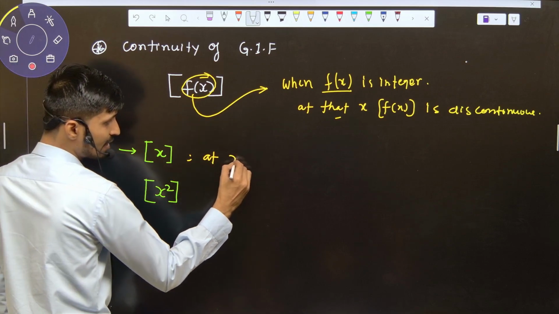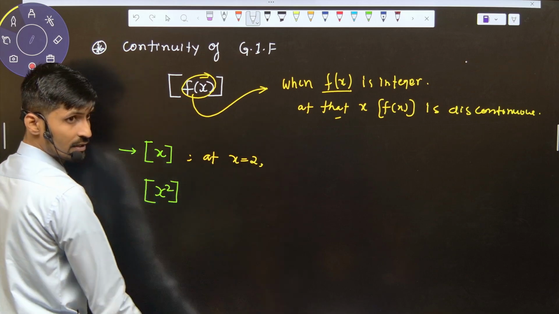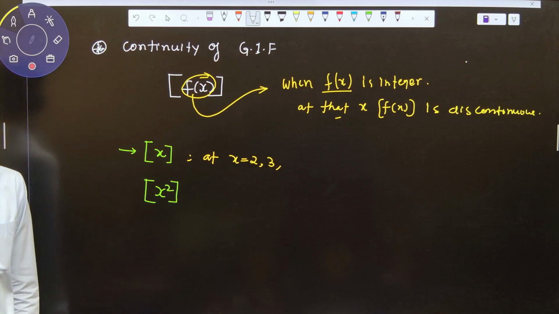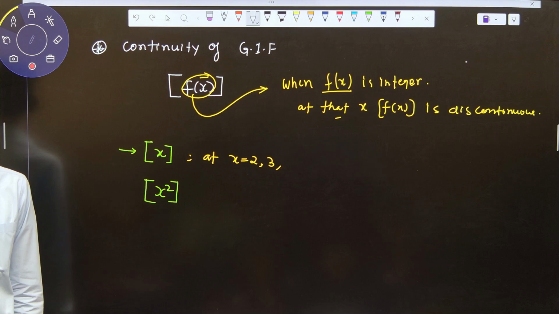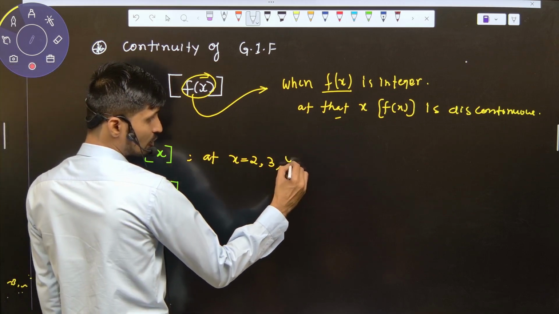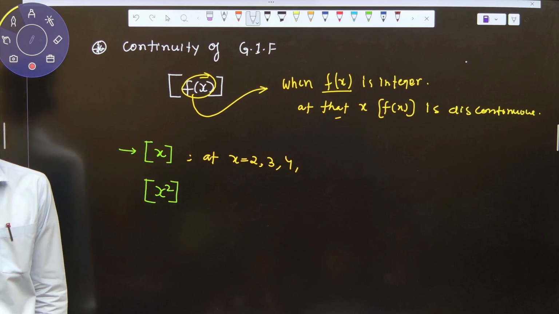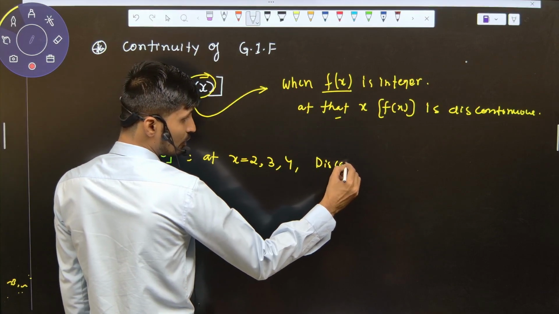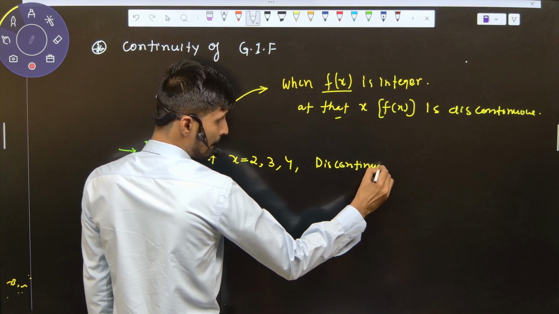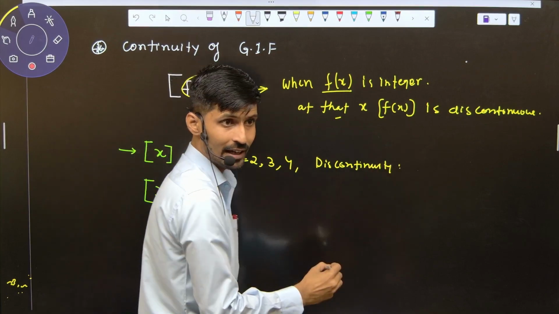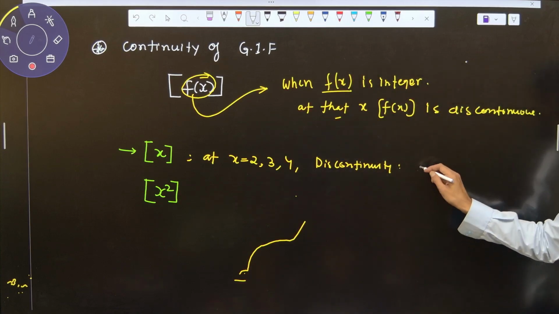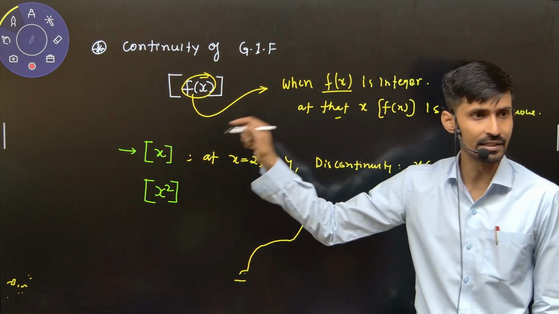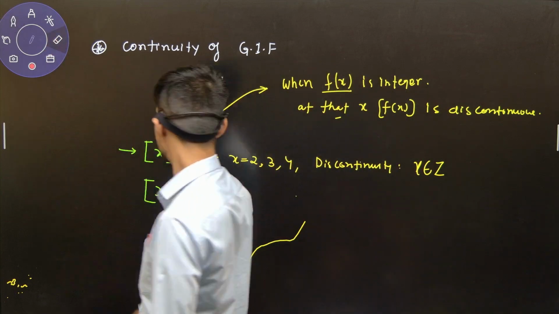So tell me, when x equals 2, continuous or discontinuous? Discontinuous. When x equals 3? Discontinuous. When x equals 4? Discontinuous. So these are points of discontinuity. So what can we write in whole? When x is an integer, meaning this f(x) is an integer, that will be discontinuous.